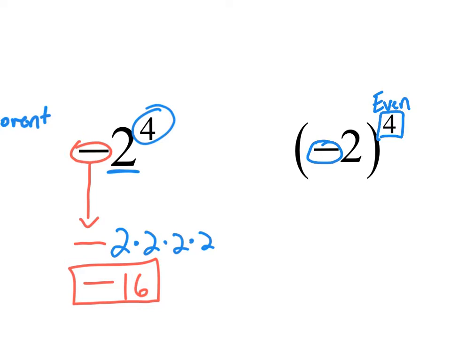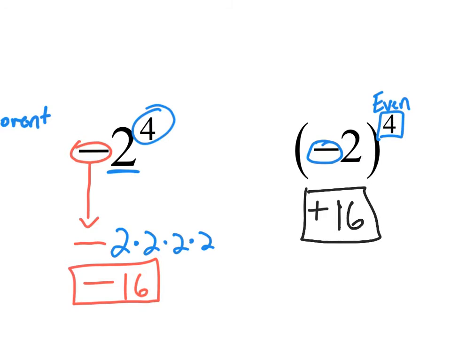So if the exponent is even and the negative is inside the parentheses, your answer will be positive, and you just multiply the base by itself that many times. So I have a 2 here, and I'm going to multiply it by itself 4 times. So 2 times 2 times 2 times 2 is 16. So the answer is positive 16.